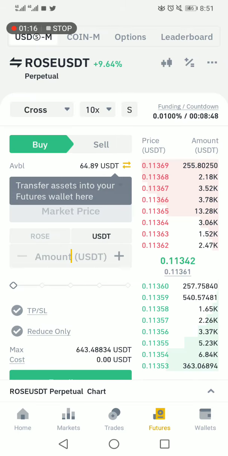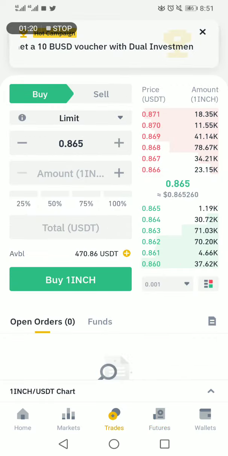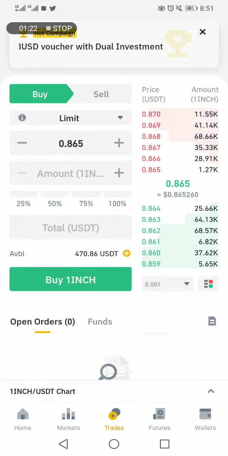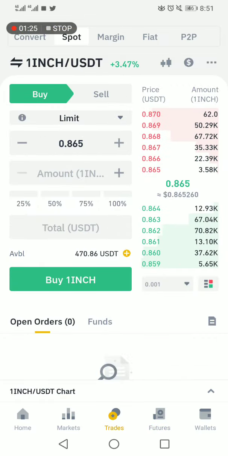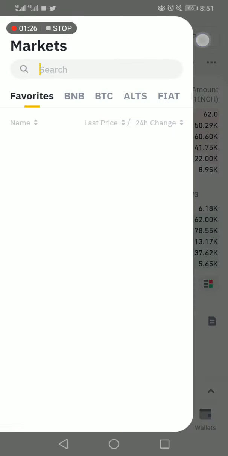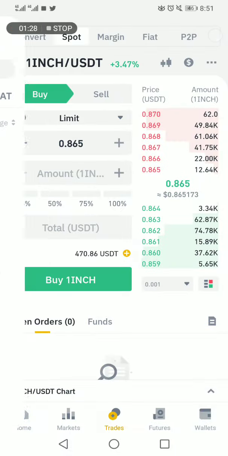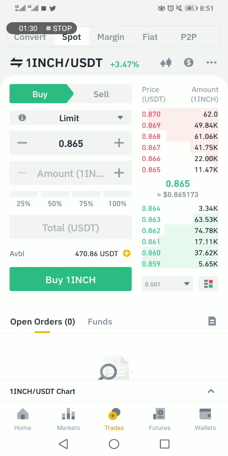Okay, so once you have gotten your signal, the next thing to do is to come here. Now let's say we have a signal that 1inch is going to do $1 today. Currently it's at 0.864.